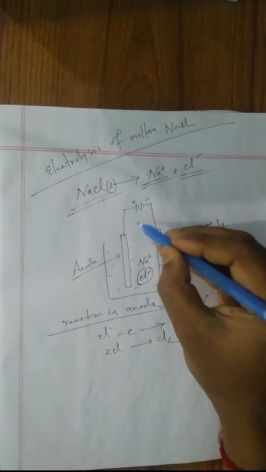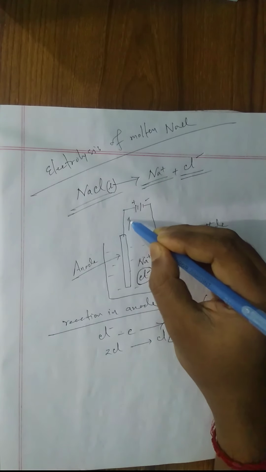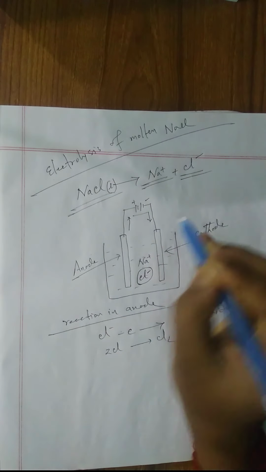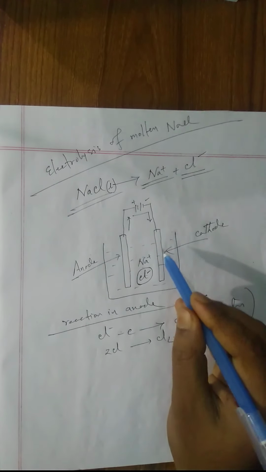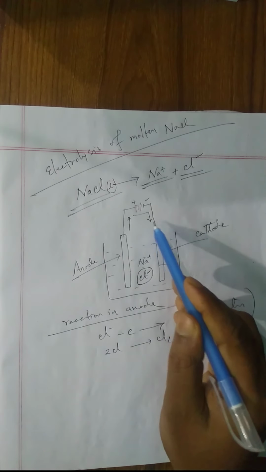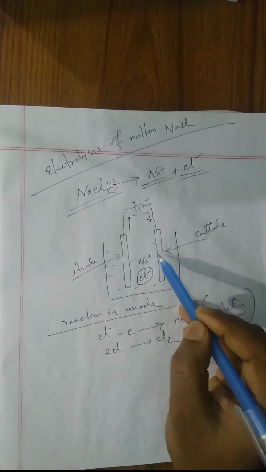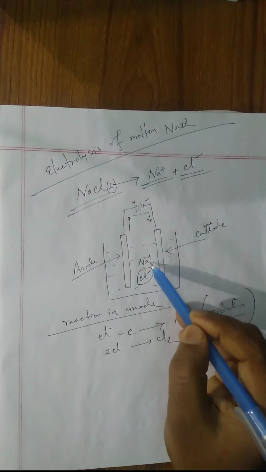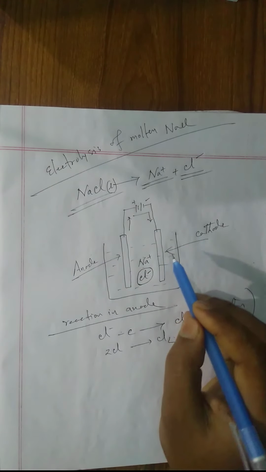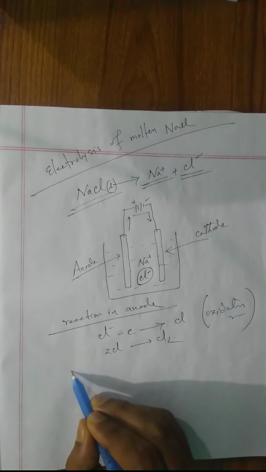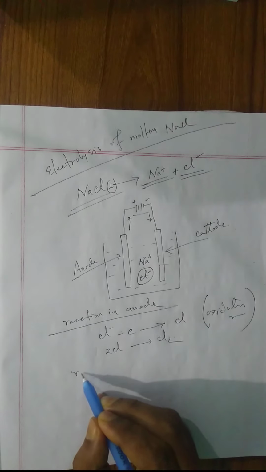The eliminated electron flows towards the cathode, and when it reaches the cathode, the sodium ion is attached to the cathode and receives this electron.